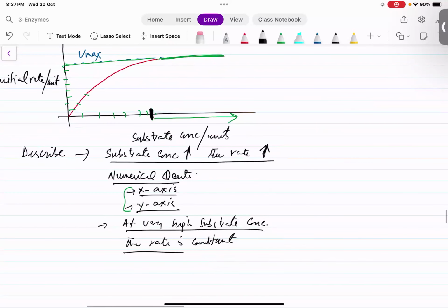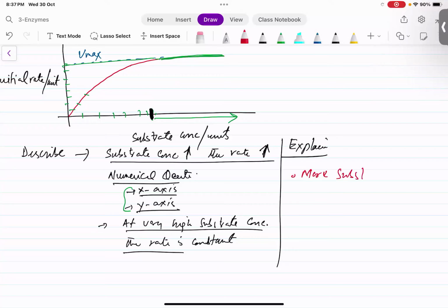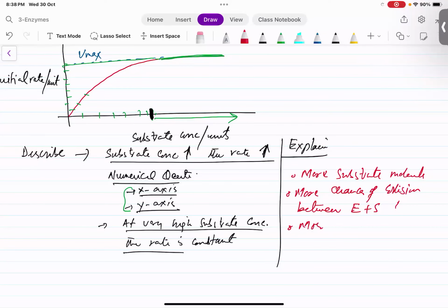Then we will have to explain, give reasons for that. To explain this, you can write: more substrate molecules, more chances of collision between enzyme and substrate, and more ES complexes form, and higher the rate.